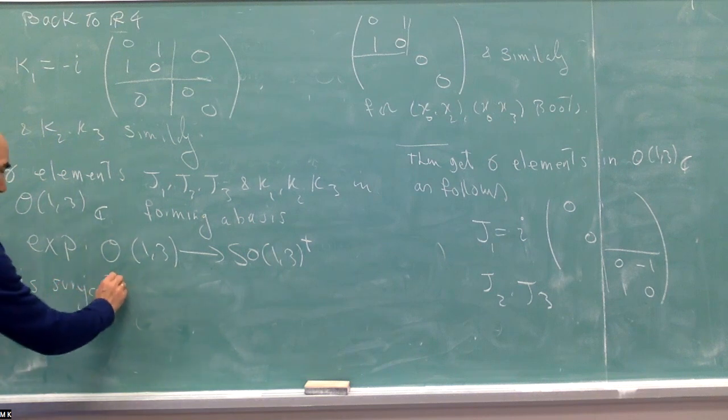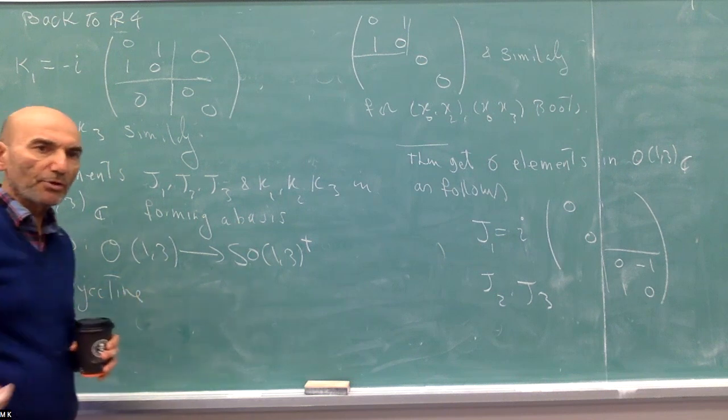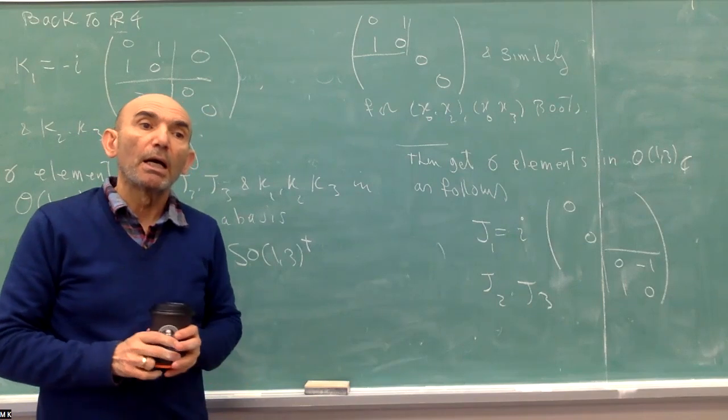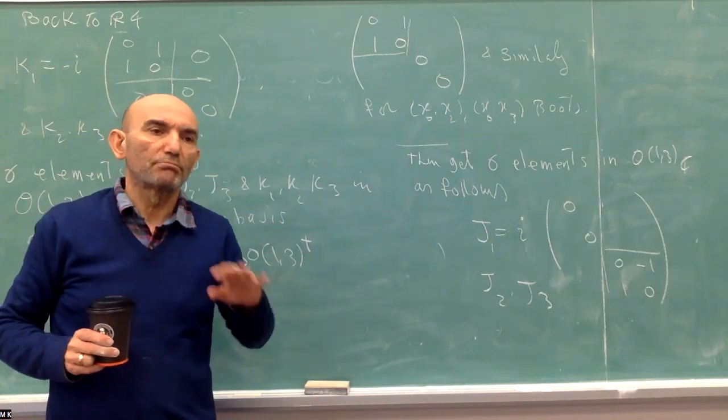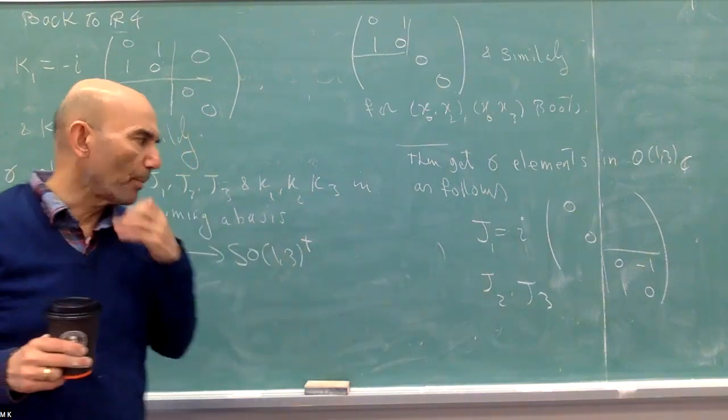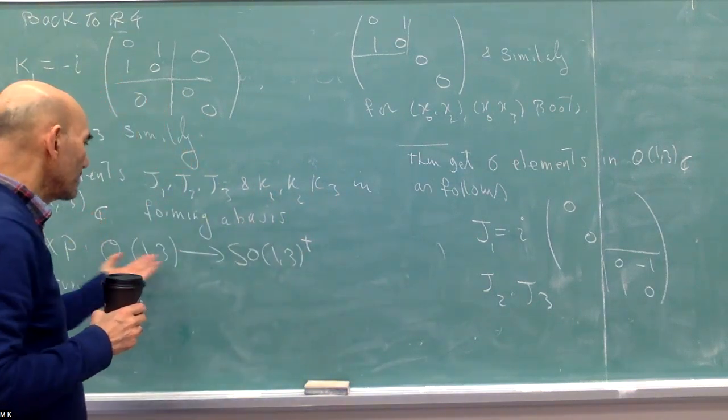For some Lie groups, the exponential map is surjective onto the connected component of the identity, and for some it is not. You can check in general what can be done, but in this case that's the case.